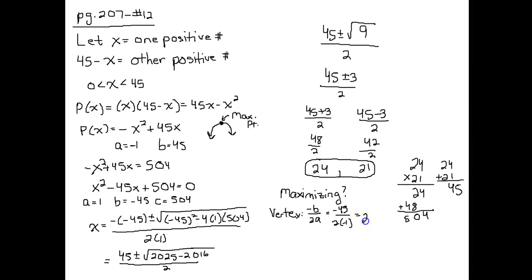That's going to give you 22.5. And 22.5 plus another 22.5 equals 45. And when you multiply those together, the maximum product is 506.25. So there's that question.